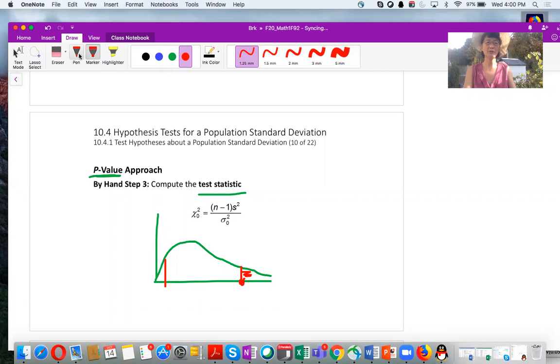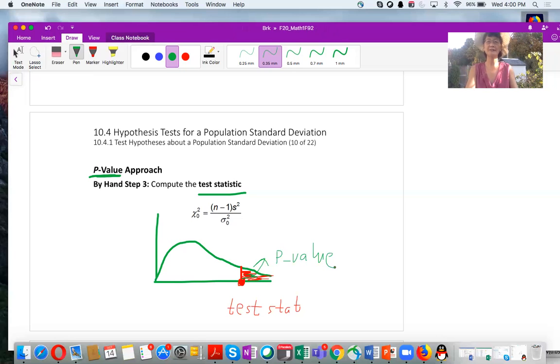In chi-square tests, most often it is a right-tail test, so I'm just going to illustrate that. Suppose this point is the test statistic. The area to the right, this one here, is the p-value. So the p-value is the area corresponding to the test statistic.